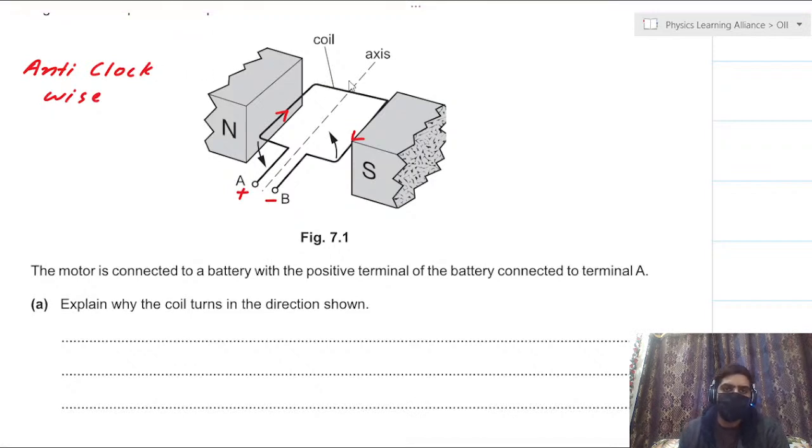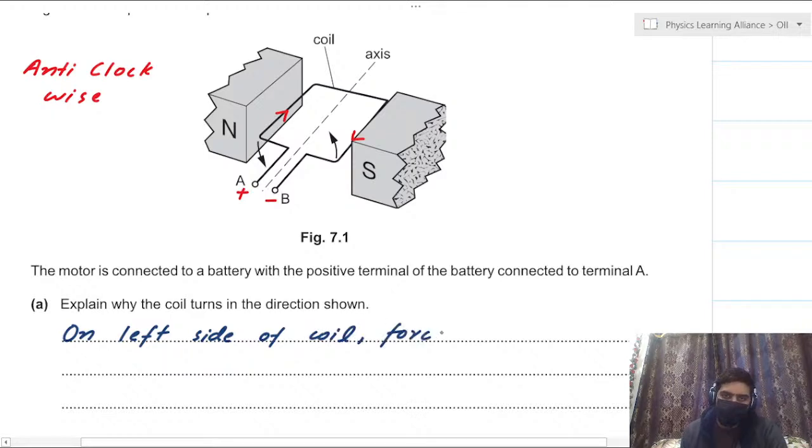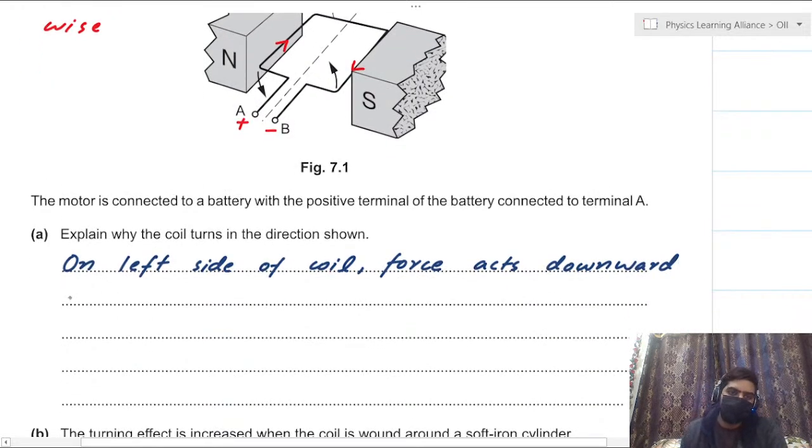So I'll be writing here: on left side of the coil, force X downward, which is consistent with Fleming's left hand rule.